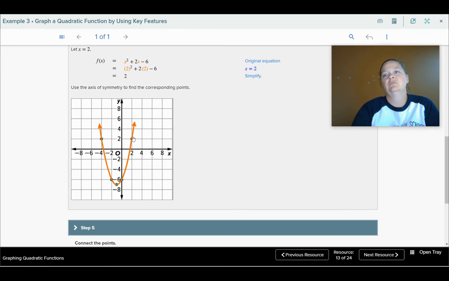So you connect all of those and you know that there has to be a corresponding point on the other side of the axis of symmetry for this negative 6. So that means there's a point there, and there has to be a corresponding point for this positive 2 here on the other side. So it ends up being at negative 4.